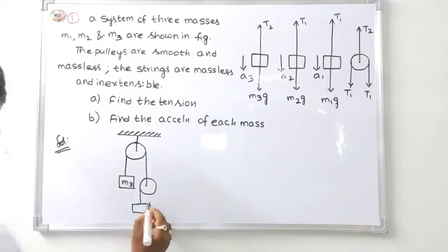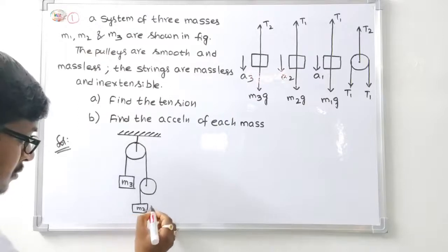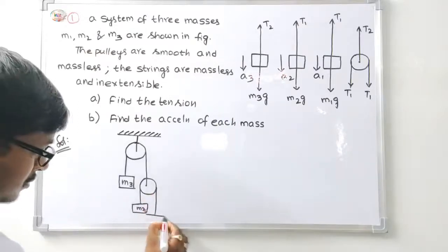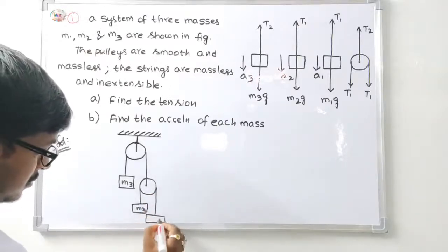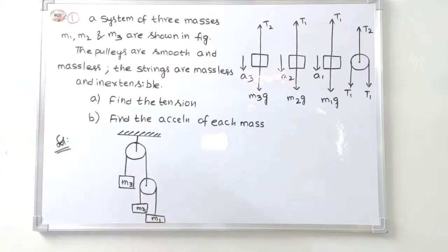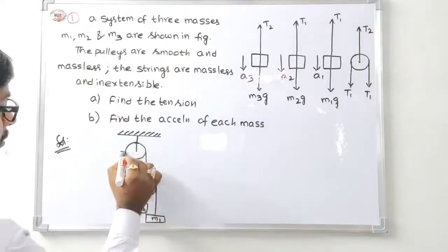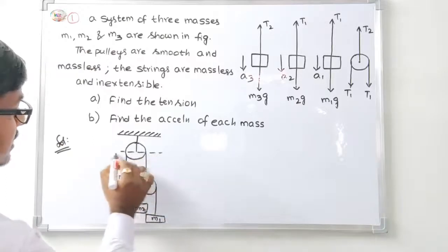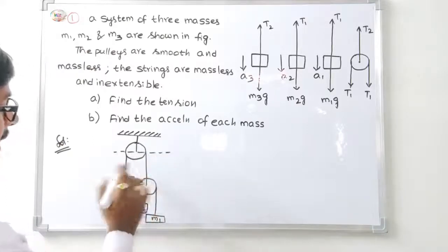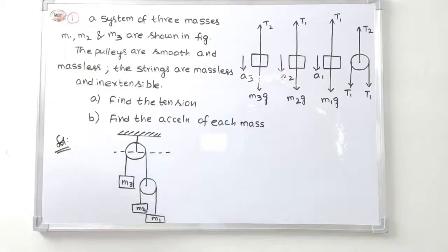This one is M2, and M1. The distances are measured from the center of the pulley.